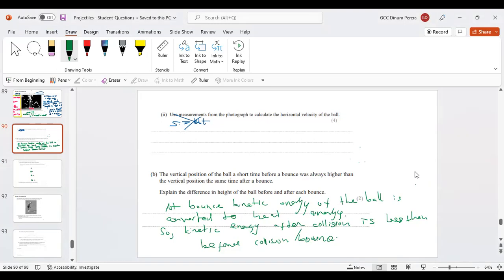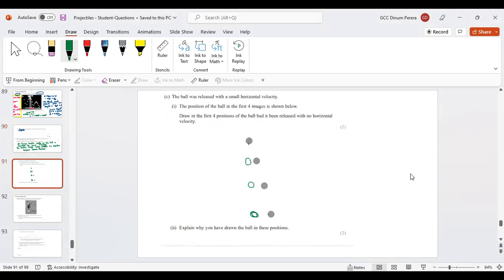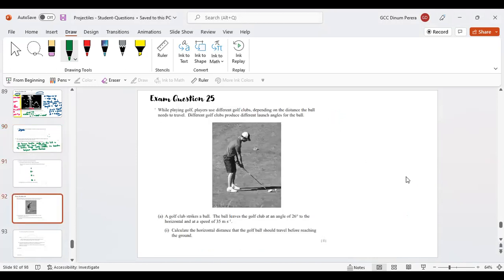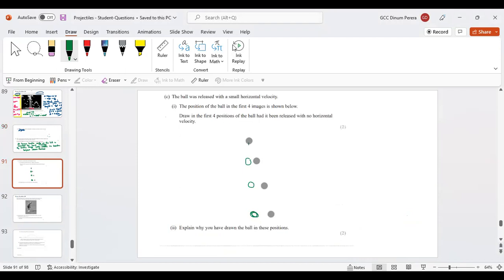Okay, now. Right. In this diagram, this is the same as that monkey hunter experiment. Explain why you have drawn the ball in these positions. There you go.